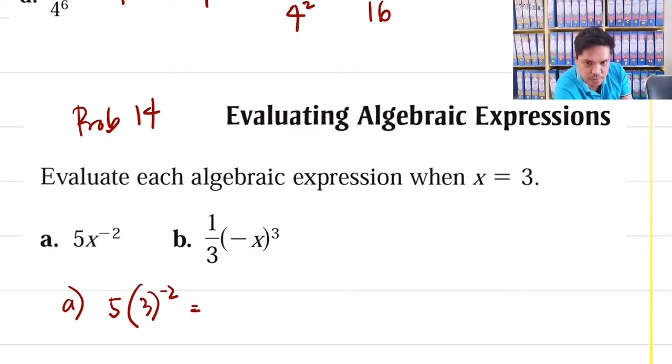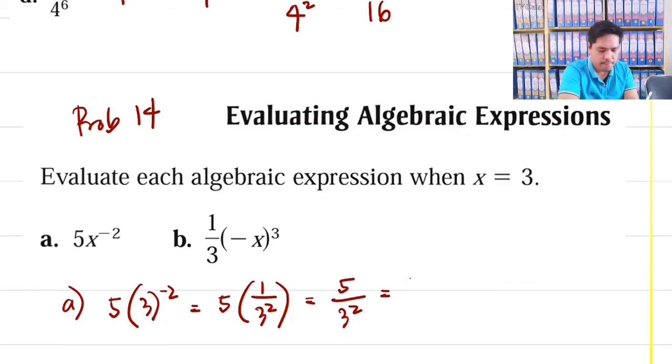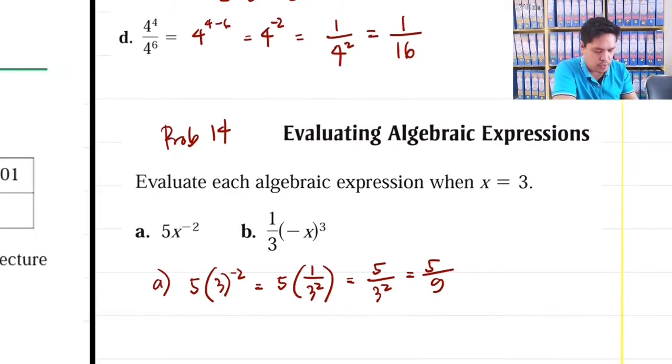Again, negative yung exponent, magiging reciprocal. So, that's 5 times 1 over 3 squared. If negative ang exponent, ilipat mo siya sa baba para maging positive yung exponent. Okay? So, that's equal to 5 over 3 squared or 5 over 9.